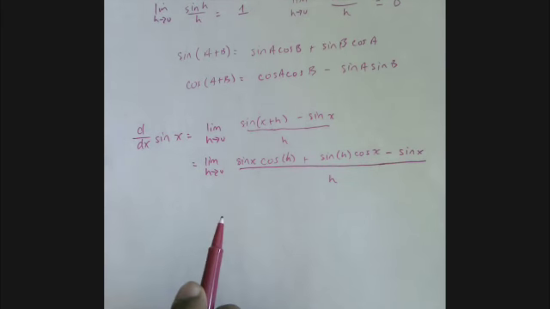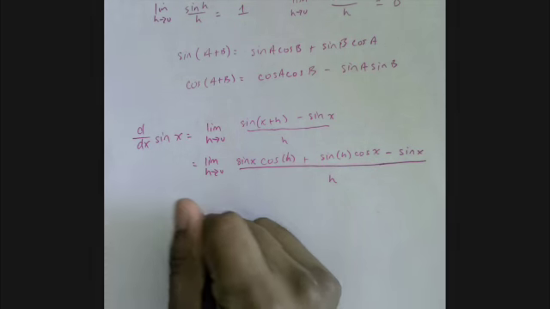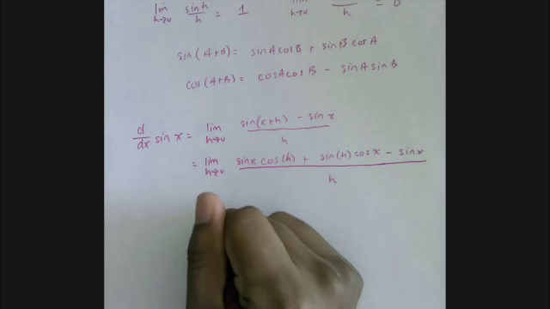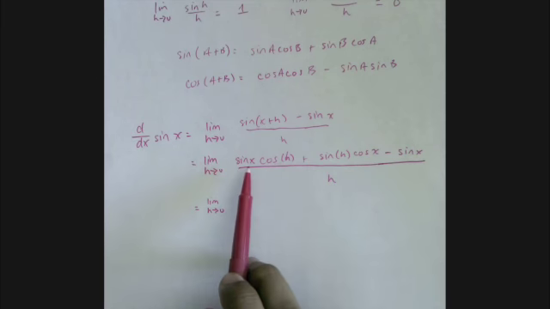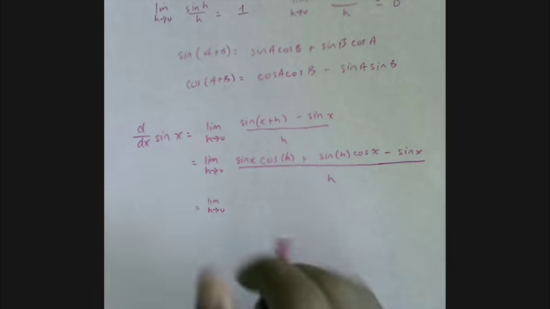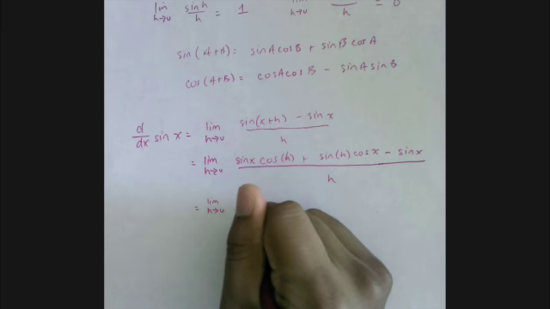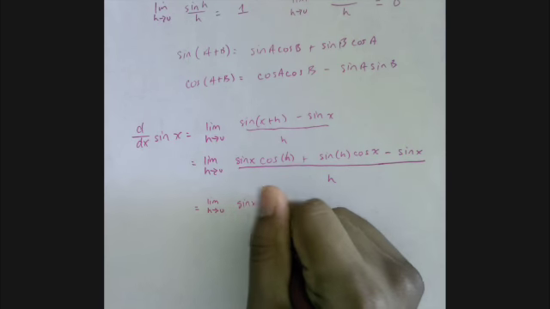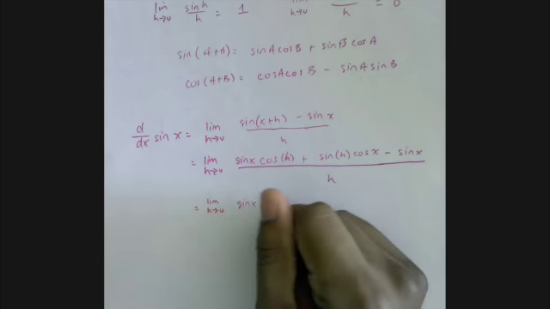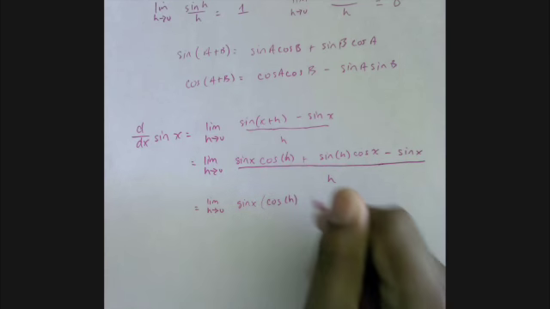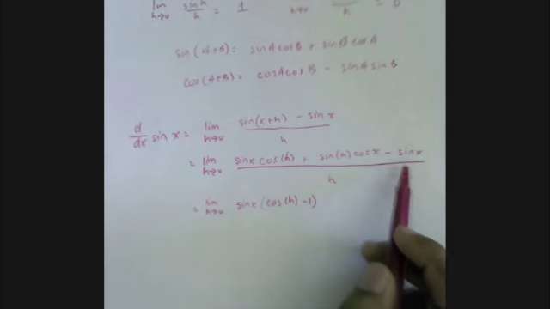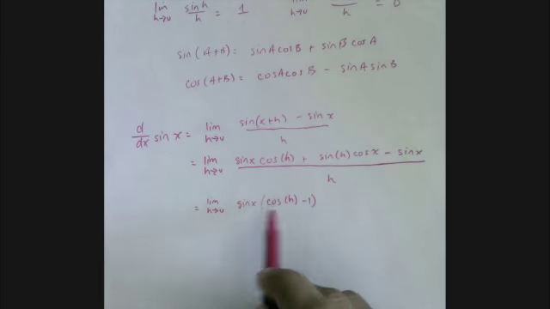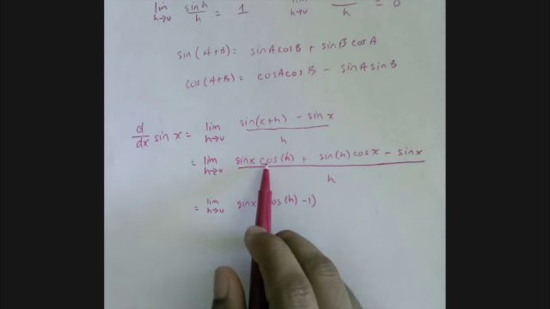Now, we're going to have to do a little bit of moving around, and we'll need to do the limit as h approaches 0. I notice that I have a sine x over here and a sine x over here, so I'm going to combine those. And I'm going to combine them in such a way that I'll have sine x and I'm going to have cosine h minus 1, because if I distribute sine x back, I'll get sine x cosine h, which was the first term.